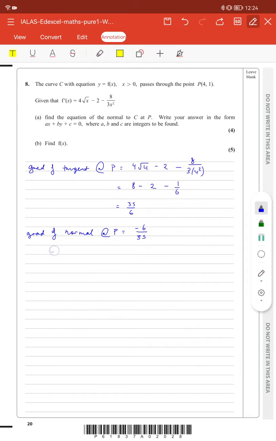And we can just do y equals minus 6 over 35x plus c and substitute in the values. 1 is equal to minus 6 over 35x plus c. But rather than x, we're going to put in the value of 4.